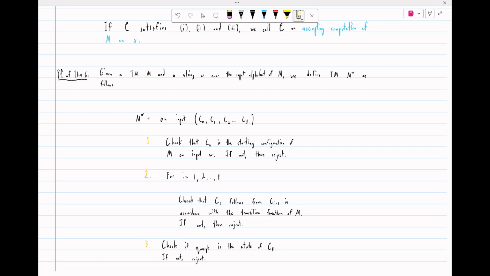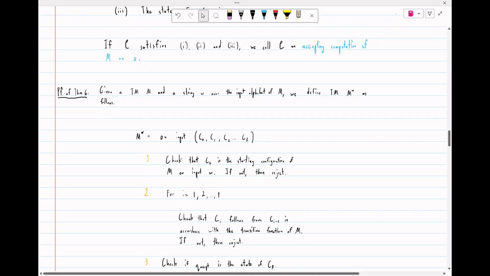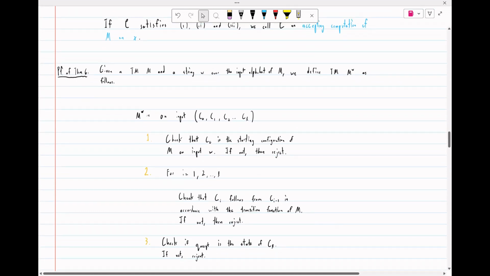Are there any questions about that based on what we just did? Okay, cool. Now that we've defined the encoding of the Turing machine that will feed into our decider for the reduction, let's take a look at the actual reduction itself.